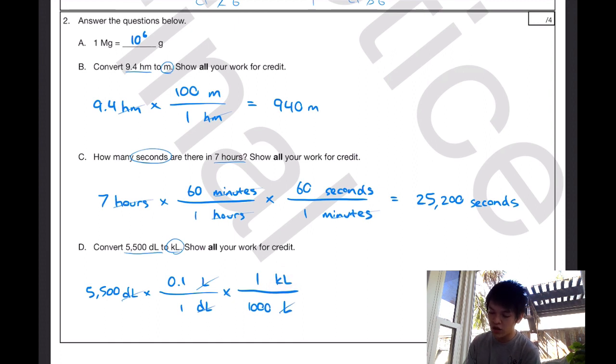So we can go ahead and throw in our equal sign. And let's see. We are trying to type this in a calculator. 5,500 times 0.1 divided by 1,000. So type that in your calculator.